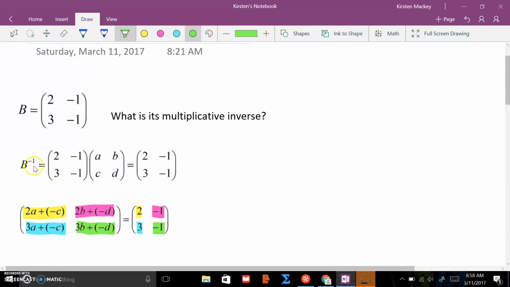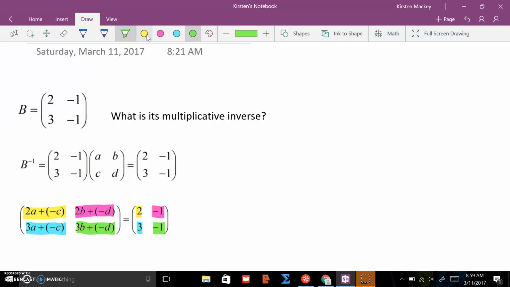What I did was I multiplied my matrices together. So to do that, with multiplying matrices, we take the first row, multiply it with the first column, so I do 2 times A, and add that with -1 times C, which we see here in yellow. Then I do 2 times B plus -1 times D, which we see in pink.